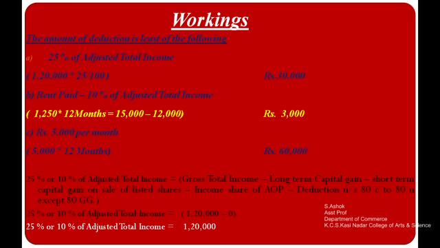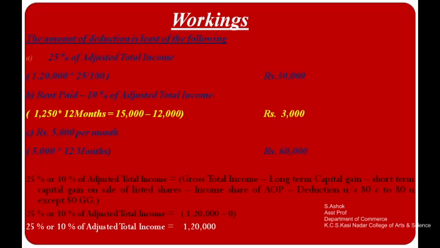So let's apply the amount of deduction. First one, 25% of adjusted total income: 1,20,000 into 25 divided by 100, which is equal to 30,000. Second one is rent paid minus 10% of adjusted total income. In the sum they have given very clearly that he has paid 1,250 per month.